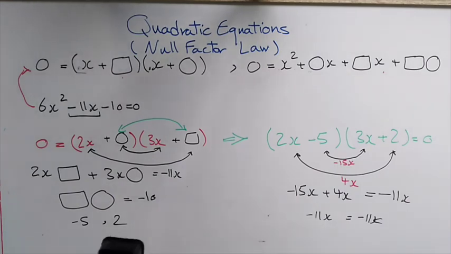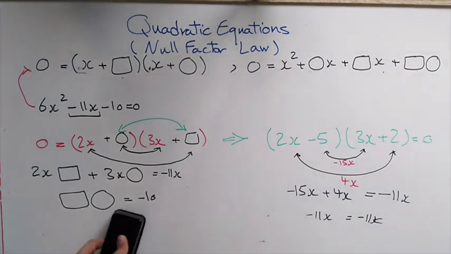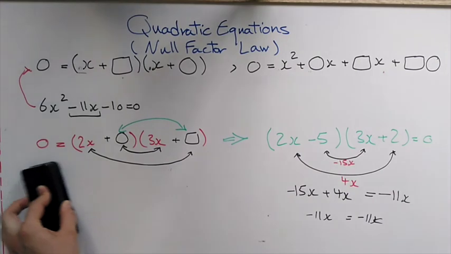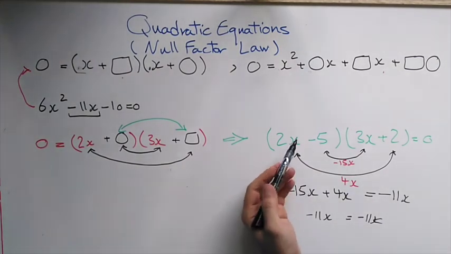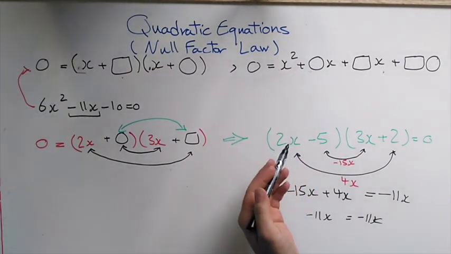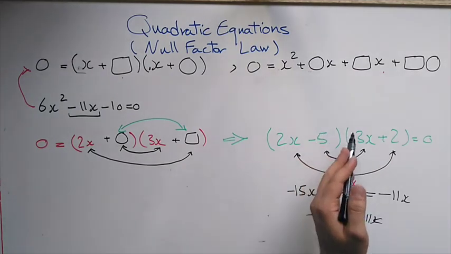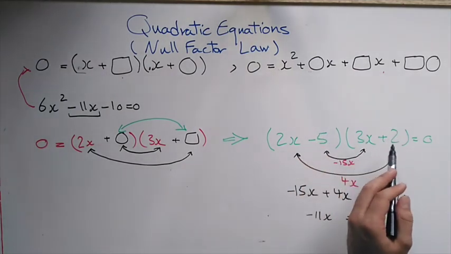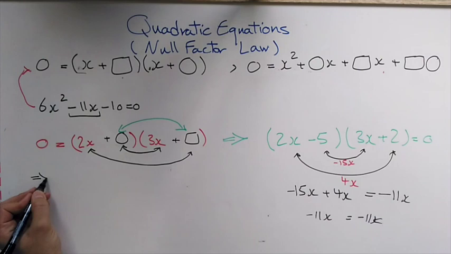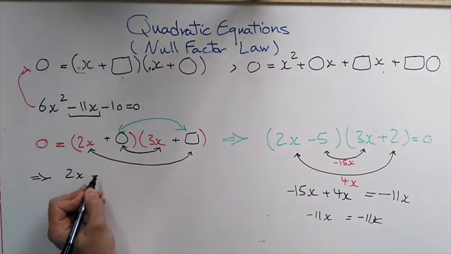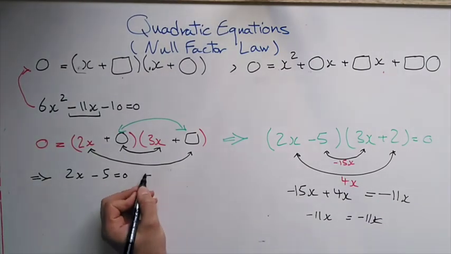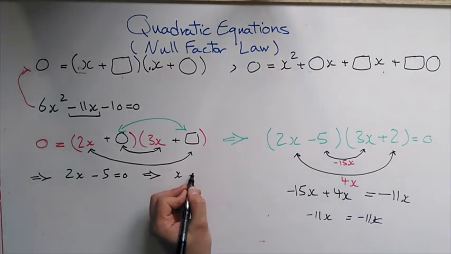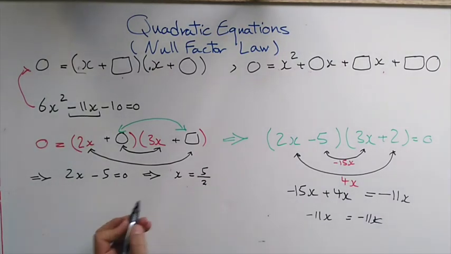So what I need to do is just find the two values of x, just like before. Either 2x minus 5 equals 0 or 3x plus 2 equals 0. If 2x minus 5 equals 0, then x equals 5 over 2.